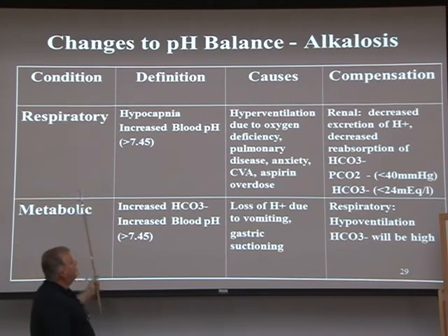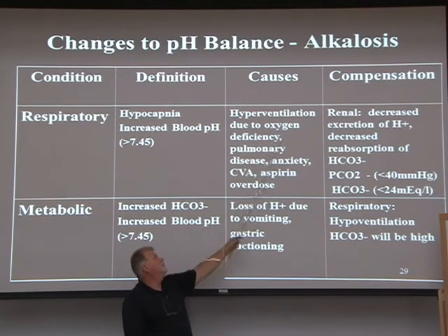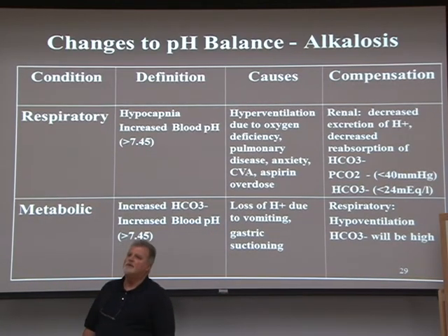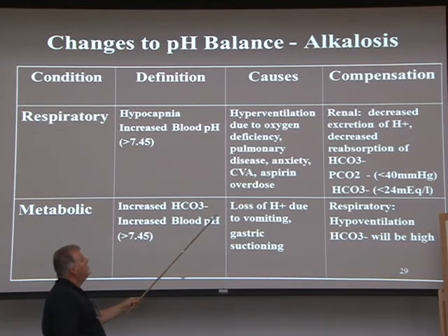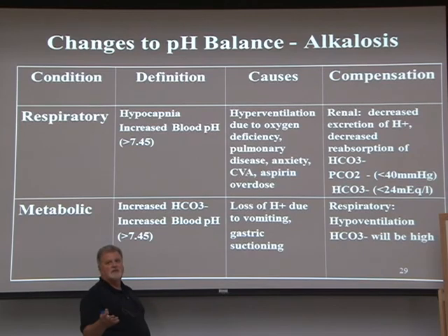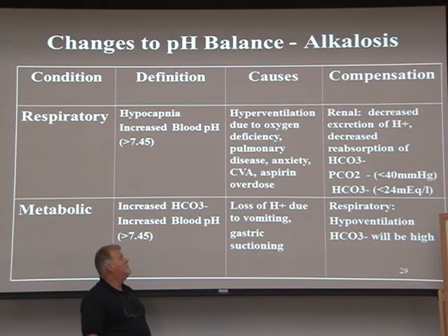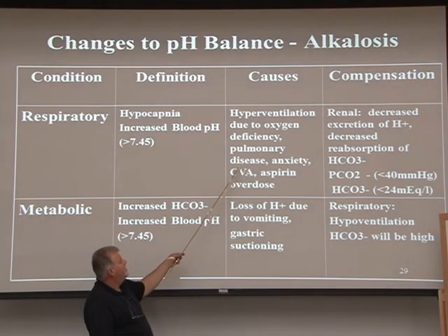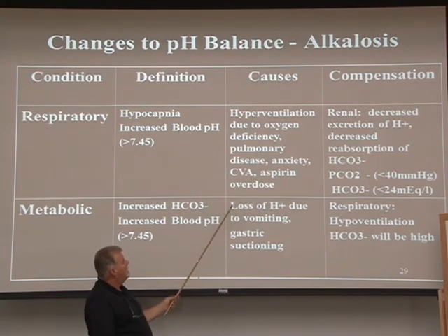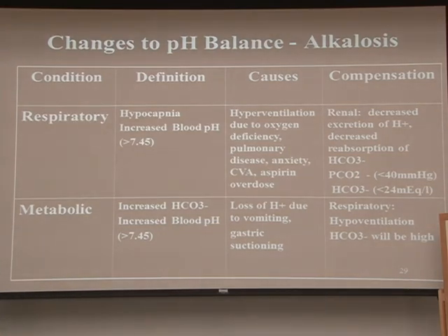In respiratory alkalosis, it's largely due to a dysfunction of the respiratory system, and that would be due to hyperventilation. So we could have hyperventilation because we're in a state of low oxygen, like trying to climb Everest, or because we have a pulmonary deficiency, like emphysema or something like that, pulmonary disease, anxiety, cardiovascular event, or aspirin overdoses drive people into hyperventilation.